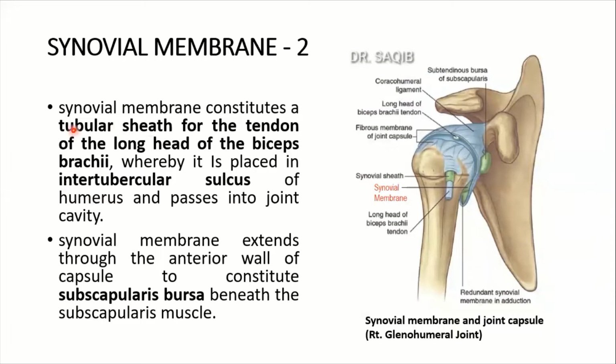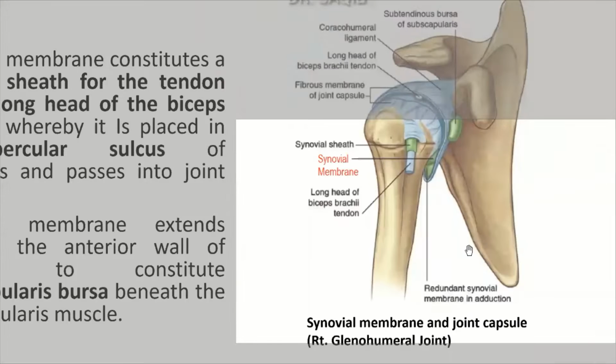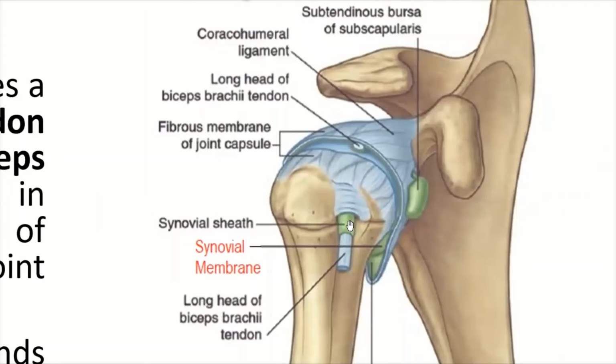The synovial membrane constitutes a tubular sheath for the tendon of the long head of the biceps brachii, whereby it is placed in the intertubercular sulcus of the humerus and passes into the joint cavity. Here I told you. Again, I enlarge it for you. It's always a better option to enlarge the pictures for a better concept, crystal clear concepts.